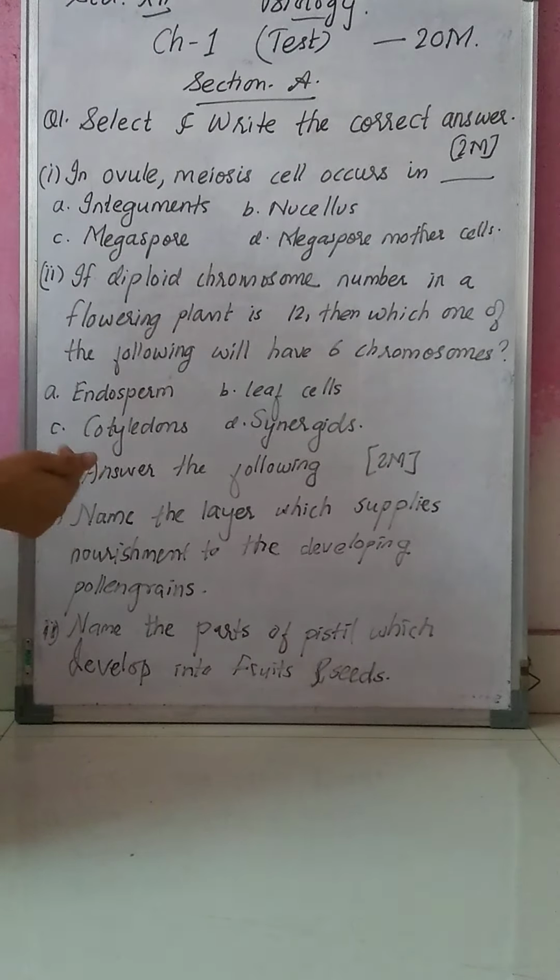We'll start with section A. In section A, question number 1 is an MCQ question, and here two questions are there for 2 marks. Question number 1 is: select and write the correct answer.